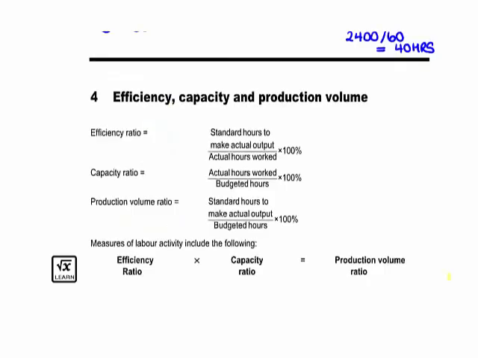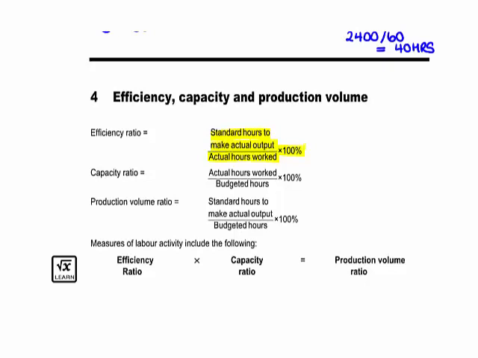As well as thinking about the standard hours, we can also look at the productivity of our labour force using the production volume ratios, which can be split down further into efficiency and capacity. So the efficiency ratio then is the standard hours for us to make our actual output, the sort of thing that we've been working out in lecture example 3, divided by the actual number of hours that they've worked, and we express it as a percentage, so we multiply by 100.